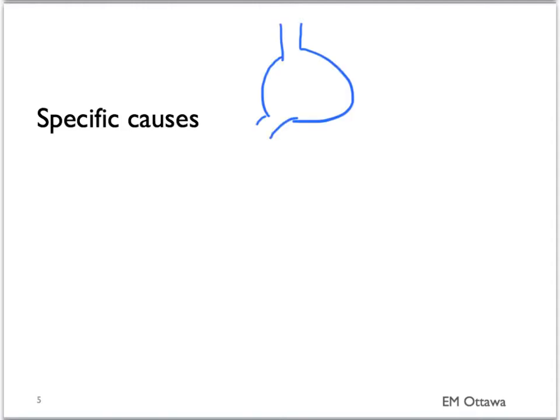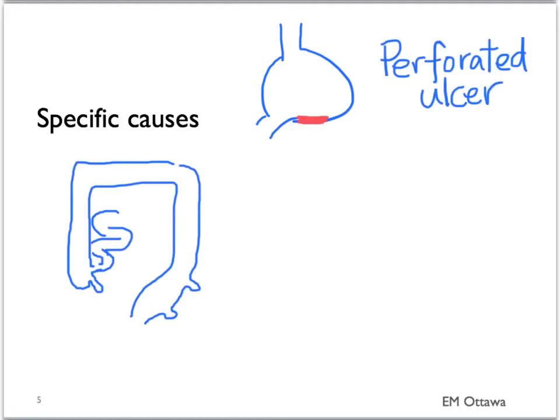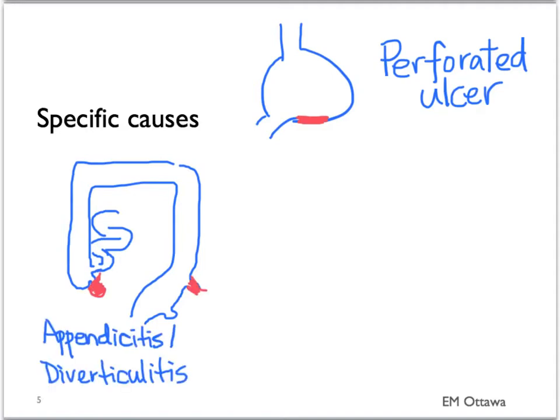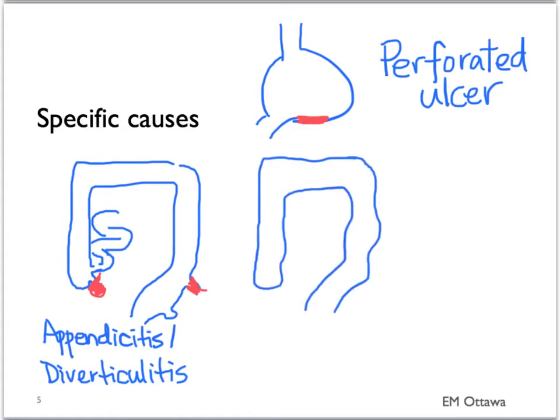The first cause is a perforated ulcer. The next cause is from local inflammation, such as appendicitis or diverticulitis. Another is post-instrumentation, such as colonoscopy, or after surgery at the anastomosis site.